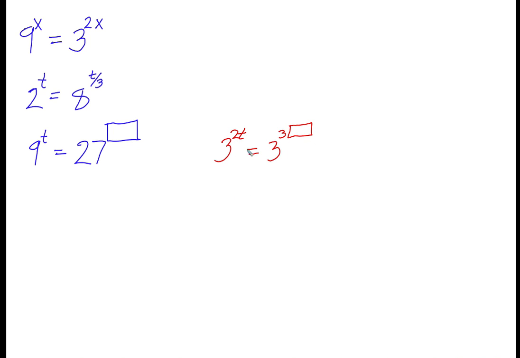And so now that we've got the same base, we can say 2t equals 3 times something divided by 3, and we see that this has to be 2/3 t. And so 9 to the t is the same as 27 to the 2/3 t. And as long as there's a common base between the two numbers, this always works fine.